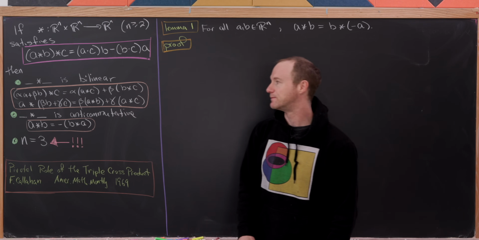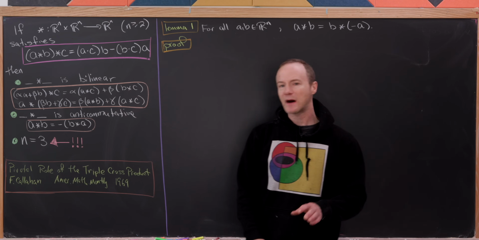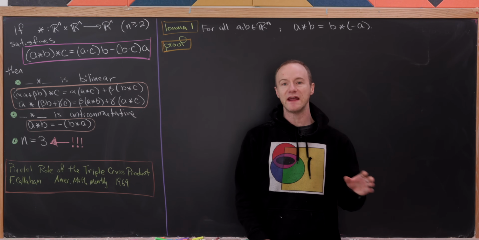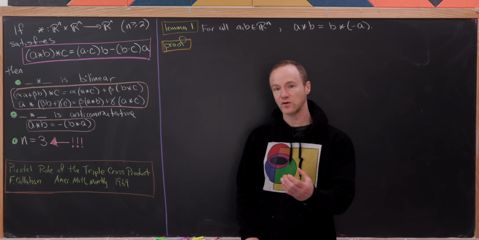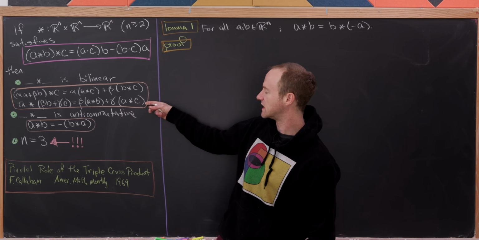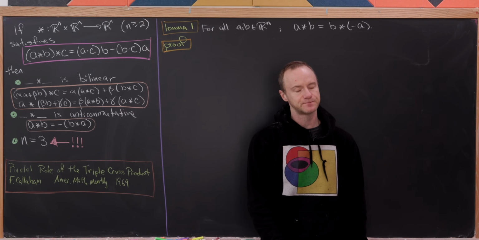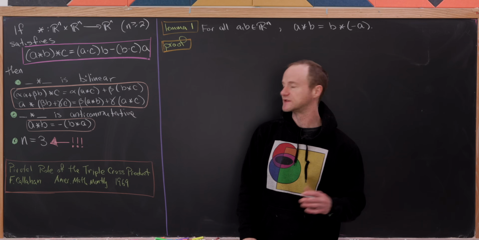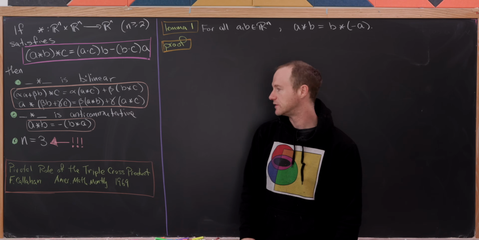First of all, it's bilinear. So by bilinear, it means you've got some sort of distributive rule and way to deal with scalars in the first entry and the second entry. Here you have it in the first entry, and here you have it in the second entry. This product is also alternating, or sometimes called skew symmetric or anti-commutative.